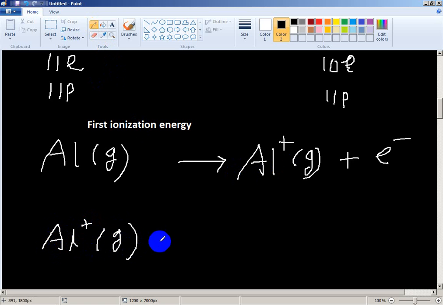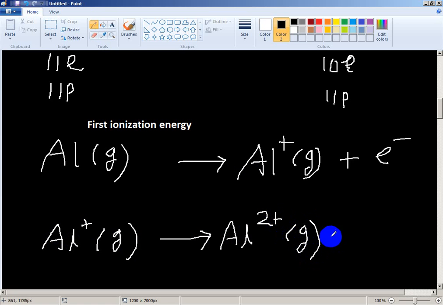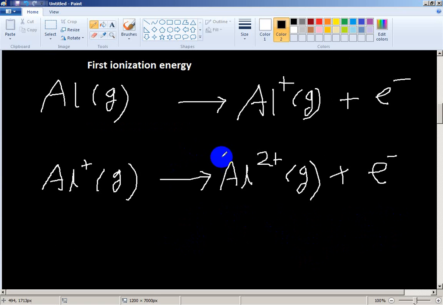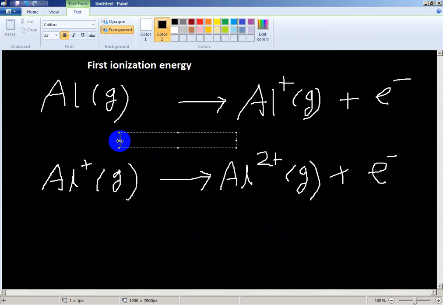If I remove one electron, how many positive charges does it have? Two positive charges, and one electron is written here again. So this is called second ionization energy.